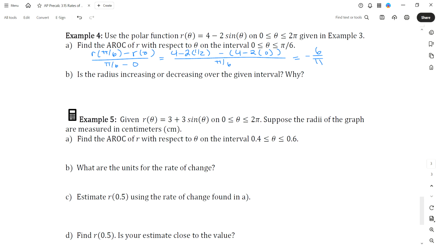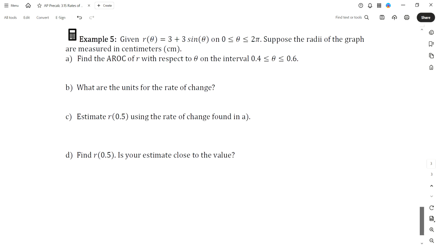Why is it decreasing? Because it's negative. It is decreasing because the average rate of change is negative.